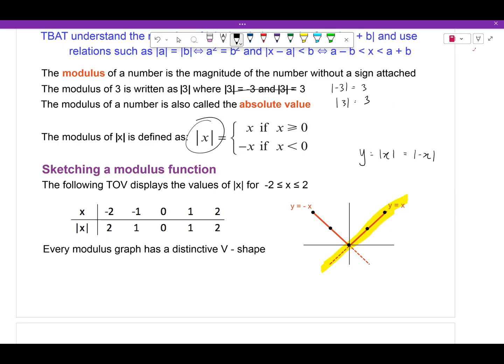They are the same thing. Why? Because for y equals x, what was originally negative becomes a positive value because of the absolute. So negative one becomes positive one, and negative two becomes positive two. For negative x it is the same. Everything becomes positive, and that results in our V shape.